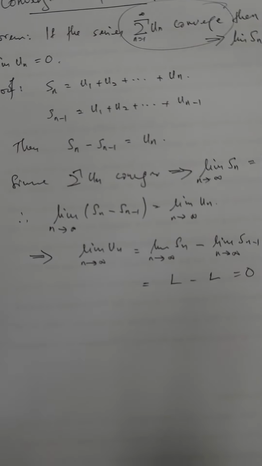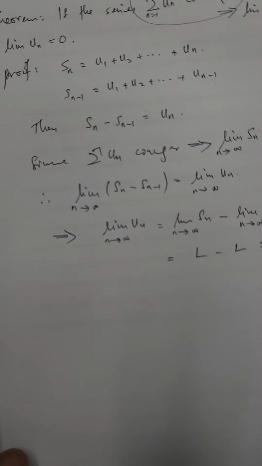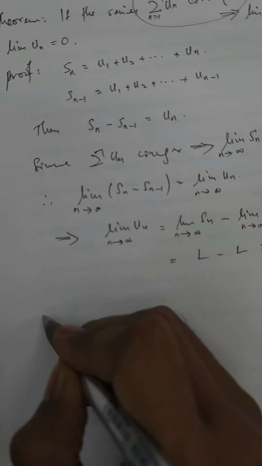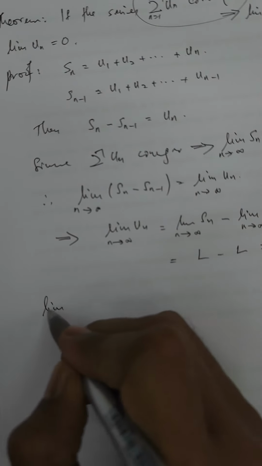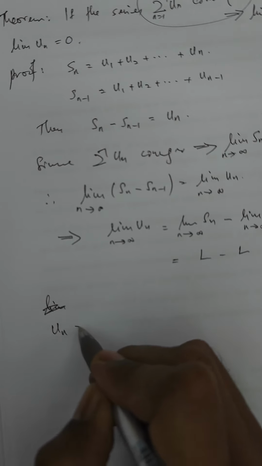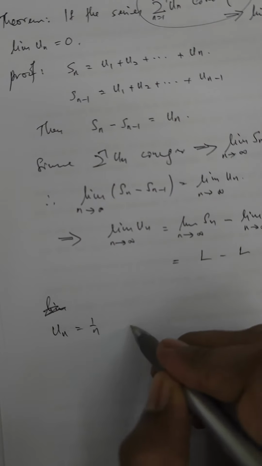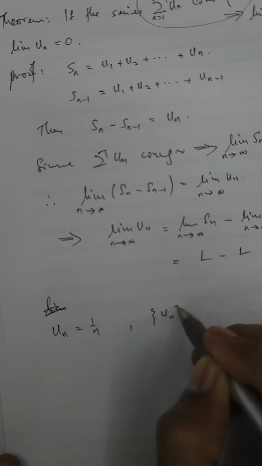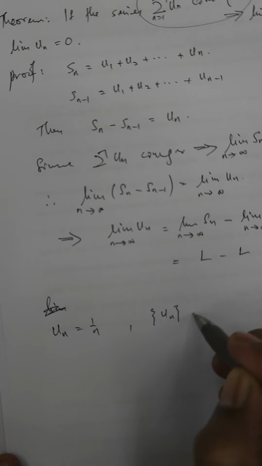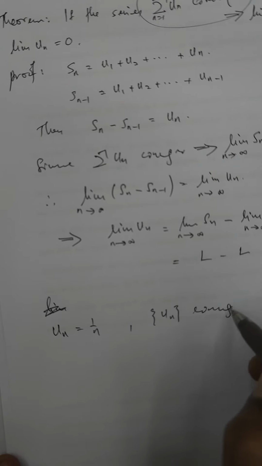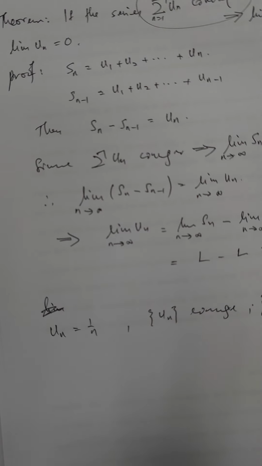What happens if un is 1 over n? For the sequence, we know that it converges, and in fact it converges to 0.